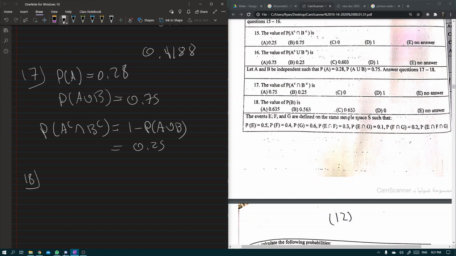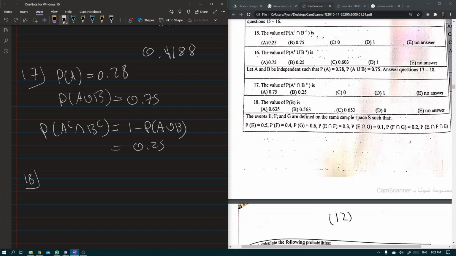How do you solve it? Wait, I think I know.